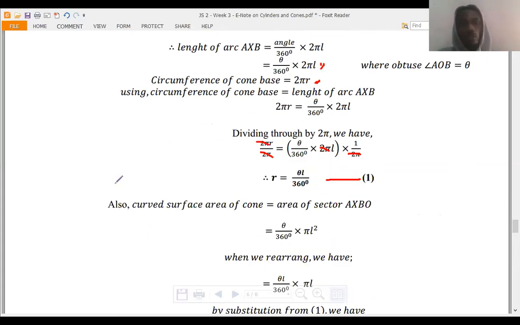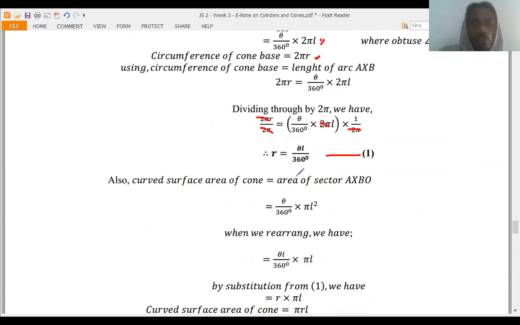Now going forward, we also have the curved surface area of the cone equal to the area of sector AXBO, which is equal to theta over 360 times pi L squared. So this is the area of a sector. Now when we arrange, we have this theta L times pi L over 360. Just rearrange this formula to get this.